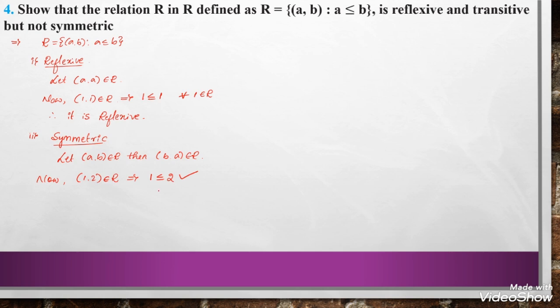Yes, the condition is satisfied because 1 is less than 2. Similarly, does 2 comma 1 belong to R? Check: 2 is less than or equal to 1? 2 is greater than 1, but the condition requires 2 to be less than or equal to 1. The condition is not satisfied. Therefore, 1 comma 2 belongs to R, but 2 comma 1 does not belong to R.